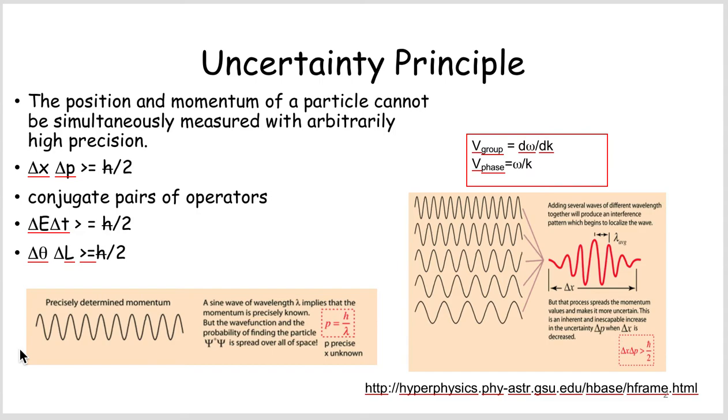So if we want to make something localized from waves, then we have to combine lots of waves of different frequencies and wave numbers, as you can see on your right. So we get this red localized thing by combining these waves on the left.